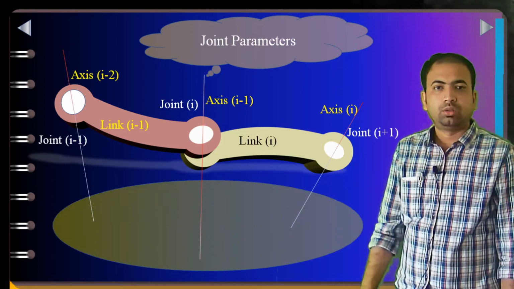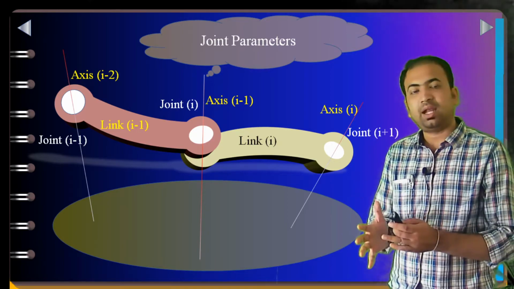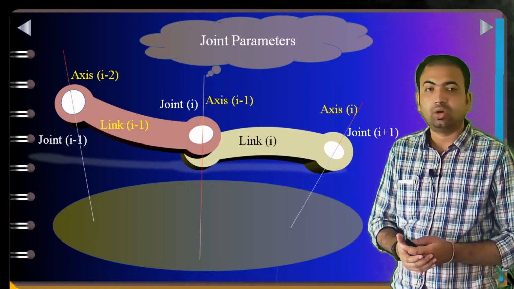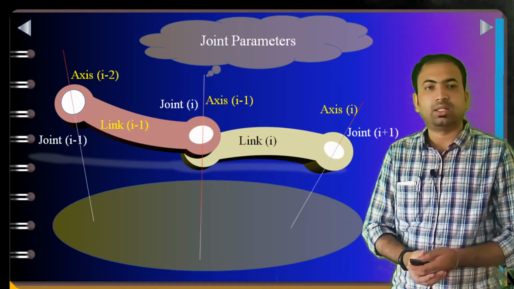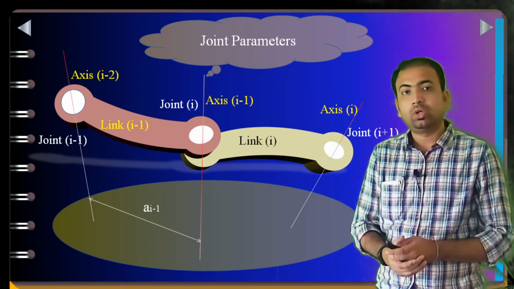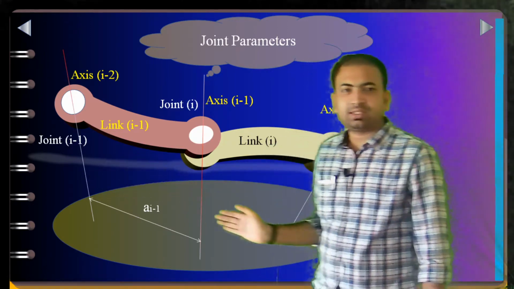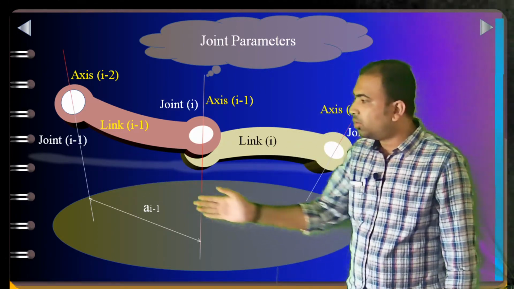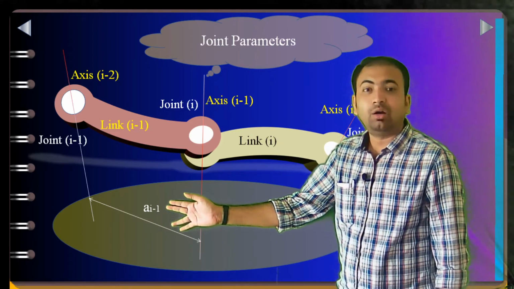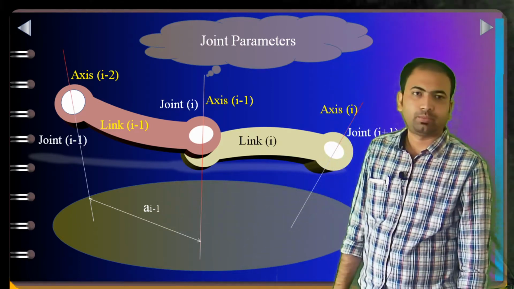Next, we have taken one surface so that it will be easy for you to understand the distance as well as any angle. All these things will be easy if we consider this surface. Now, I said we have to draw a common normal to this axis as well as this axis. The common normal is represented as the link length of link i minus 1, which is ai minus 1.